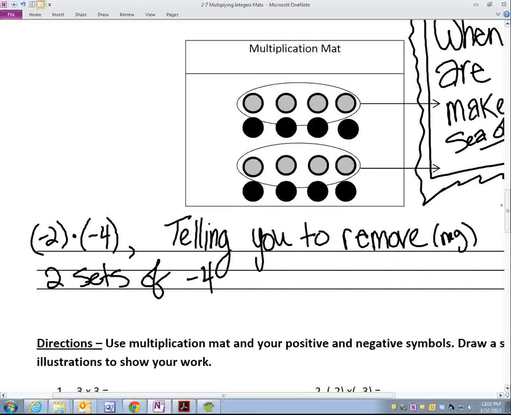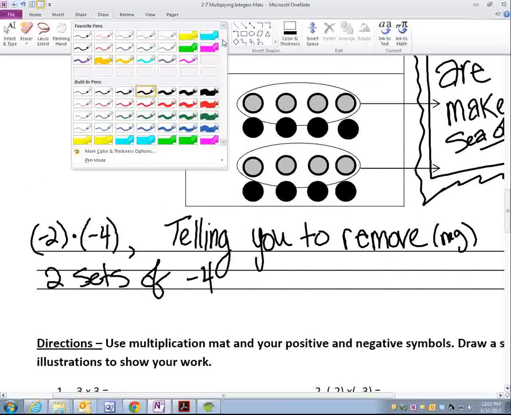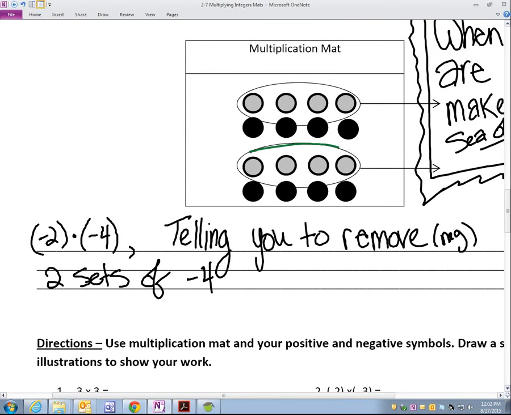So this is the act of, what color did I use last period? It's green. This is the act of removing 2 sets of negative 4 integers, which would leave how many integers of what sign hanging out at the party after those ones left? Schaefer, do you know?